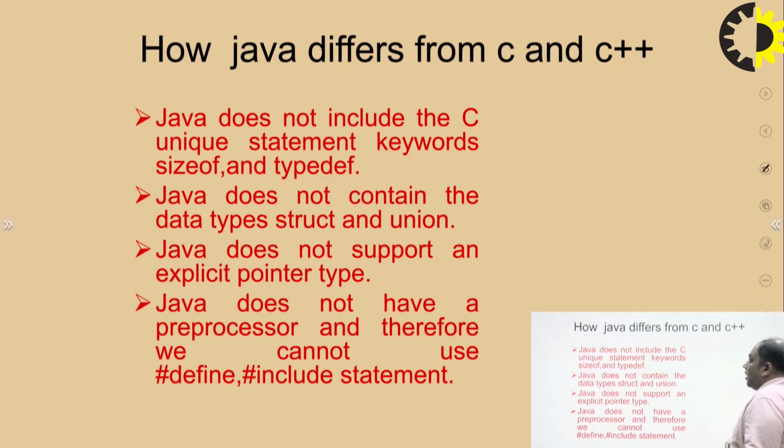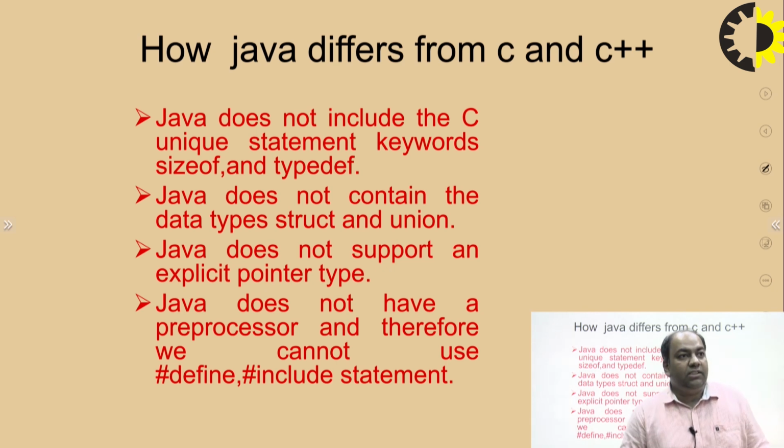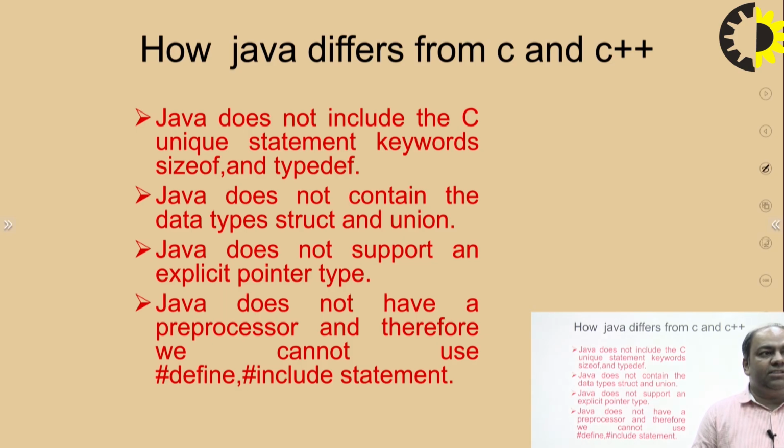Important thing, how Java differs from C and C++. Java does not include the C-unique statements and keywords, sizeof and typedef. Java does not contain the data types struct and union. Java does not support explicit pointers. Basically, Java does not support pointers. It is the major difference between Java and C and C++.